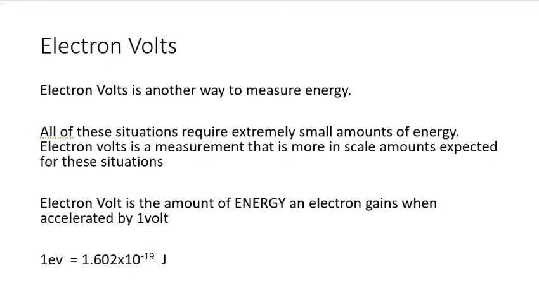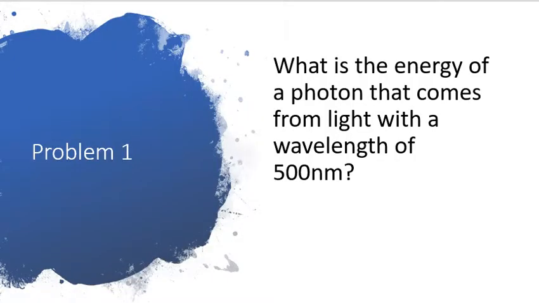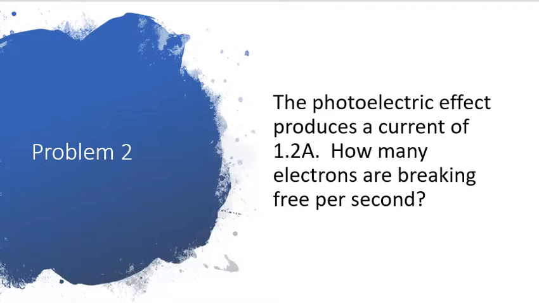Question number 1: what is the energy of a photon that comes from light with a wavelength of 500 nanometers? Question number 2: the photoelectric effect produces a current of 1.2 amps. How many electrons are breaking free per second?